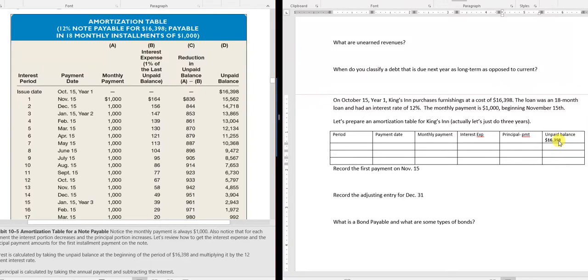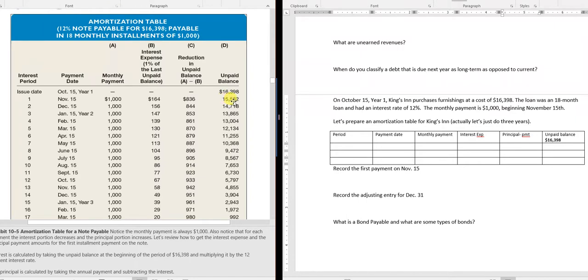If I have an unpaid balance of 16,398 and I've paid off $836 in principal, then 16,398 minus 836 is $15,562, my new principal balance. I wish they had called that the unpaid principal balance.